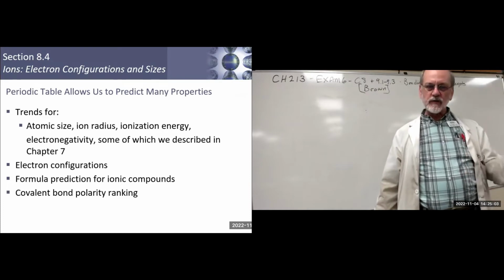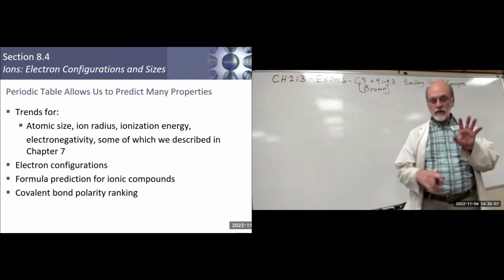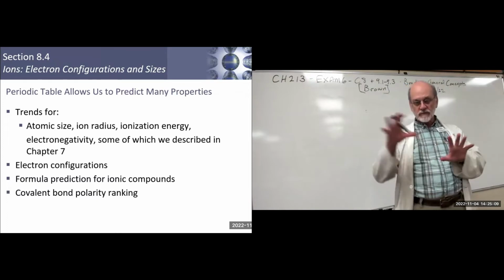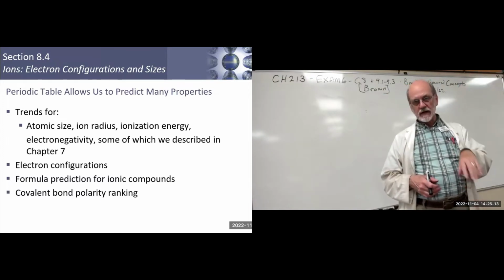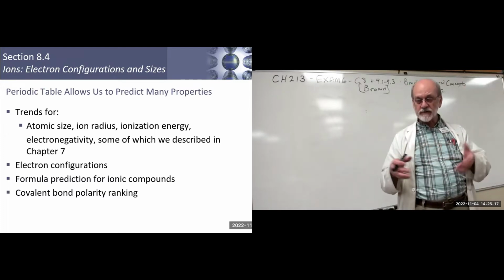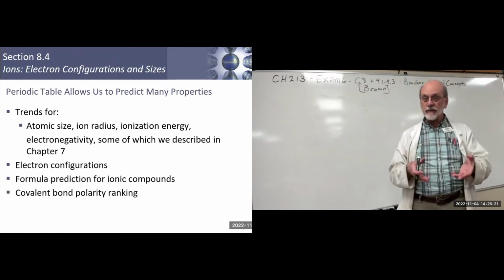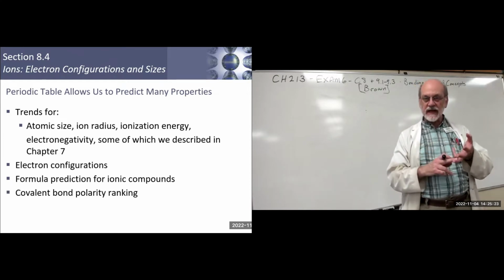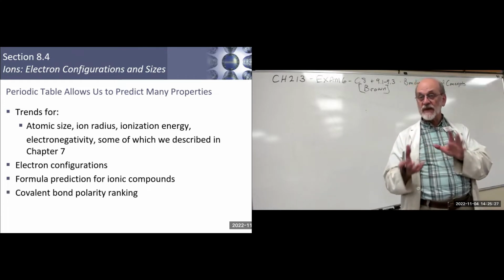We can predict electron configurations now, knowing where the orbitals are being filled, in which group. Alkali metals and alkaline earths are all s. Transition metals are all d, they're filling the d orbitals. Inner transitions are filling the f orbitals, the lanthanides and actinides. And the far right side are filling p orbitals.